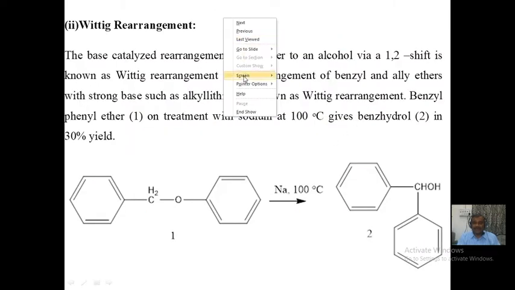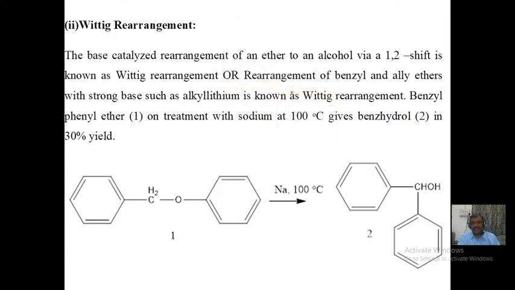We used to have one professor, a very good organic chemistry teacher, friend. But he was very fond of the work done by the Nobel Prize winning scientist Wittig. The scientist's name is Wittig, and therefore we also used to study one or the other part of Wittig's contribution in our chemistry.